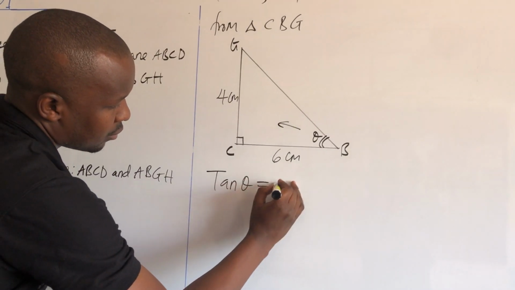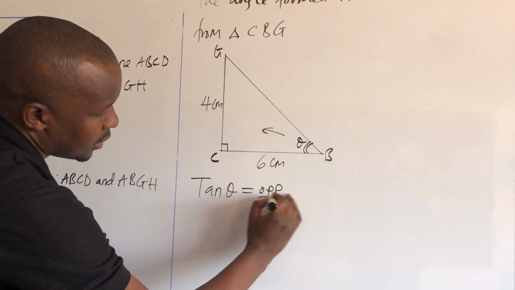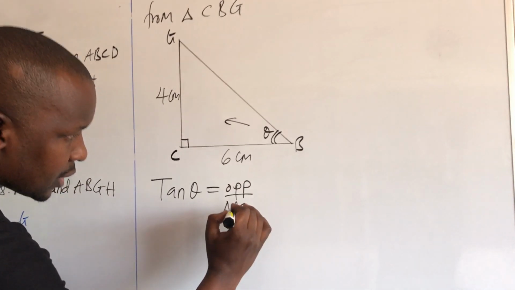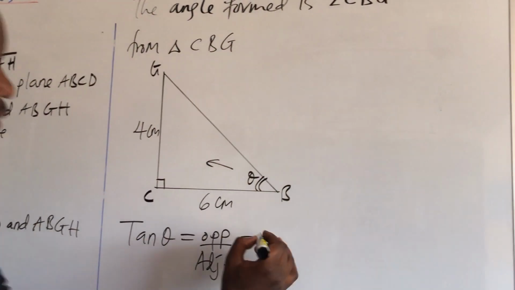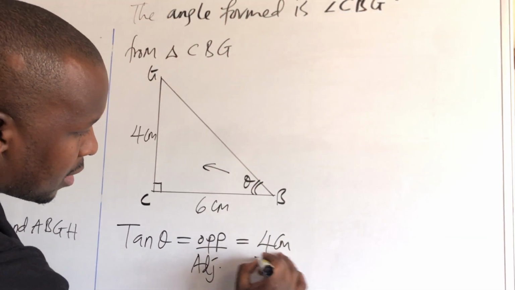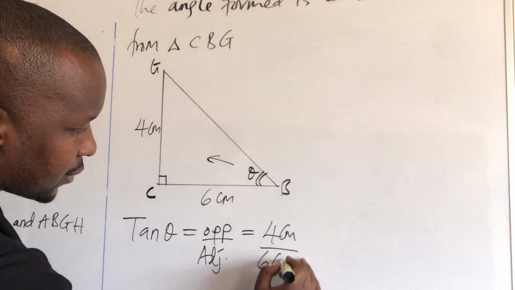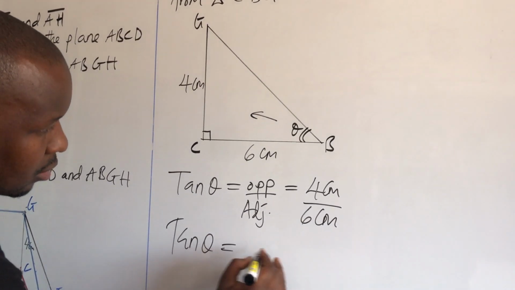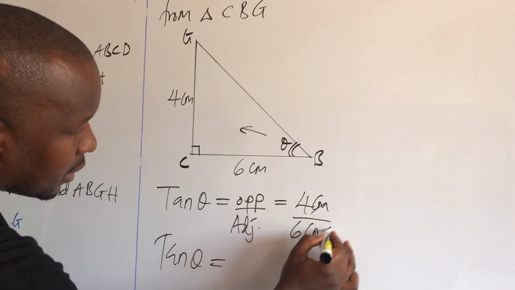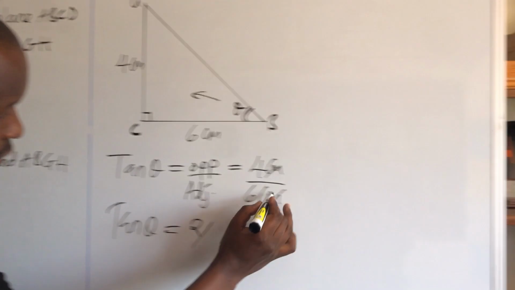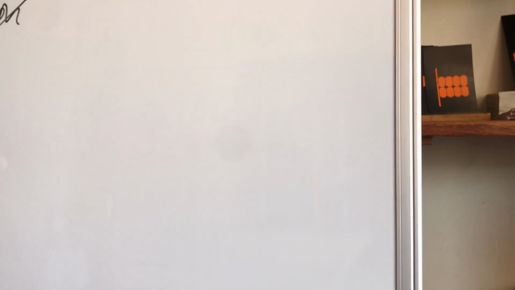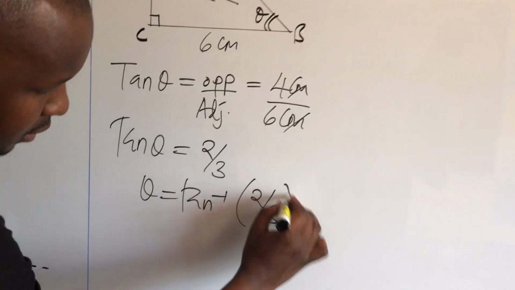Tan theta equals the ratio of the opposite side to the adjacent side. Opposite is 4 centimeters and adjacent is 6 centimeters. So tan theta equals, when we simplify, dividing by 2, 2 over 3. So theta equals tan inverse of 2/3.